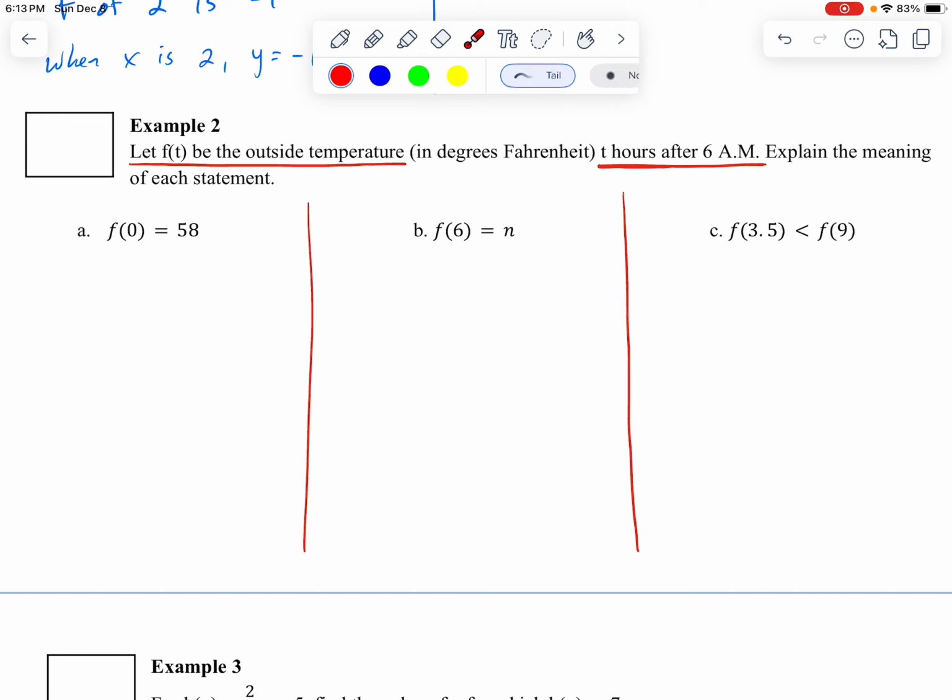In the first one, we have f of 0. That tells me that t is equal to 0, and f of t is equal to 58.